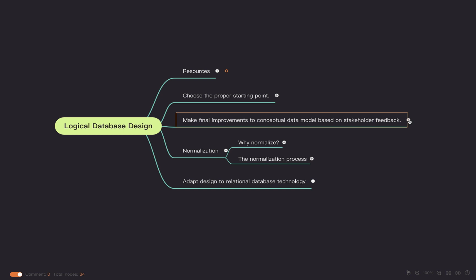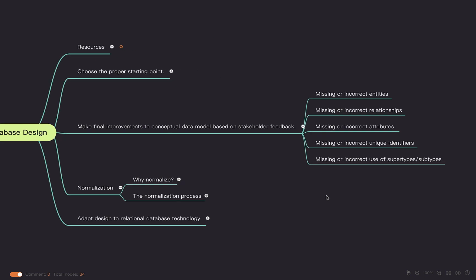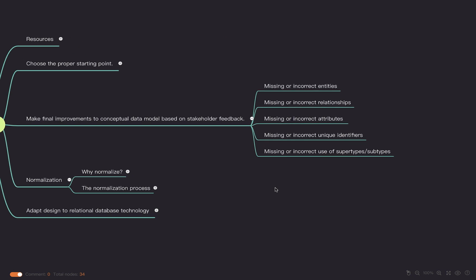And if you're like me, you've just been thinking about this overnight, a day, a week, a month, and ideas have been going through your head. Take the time to polish up the conceptual data model.